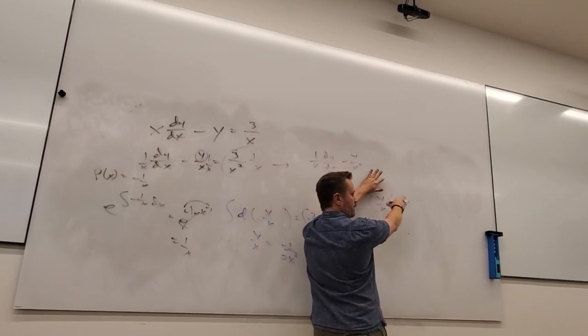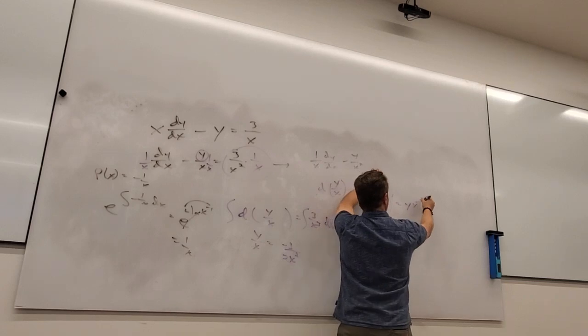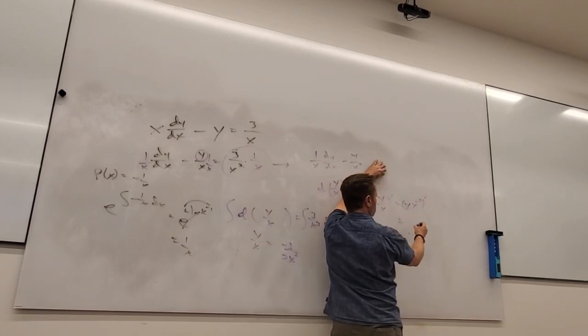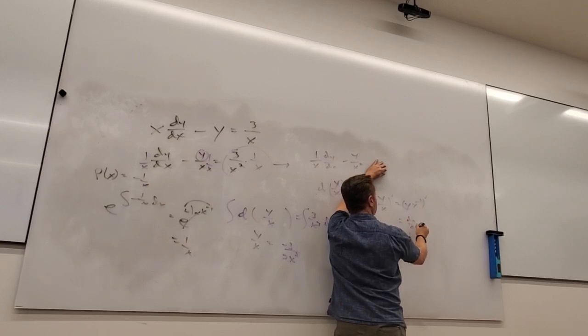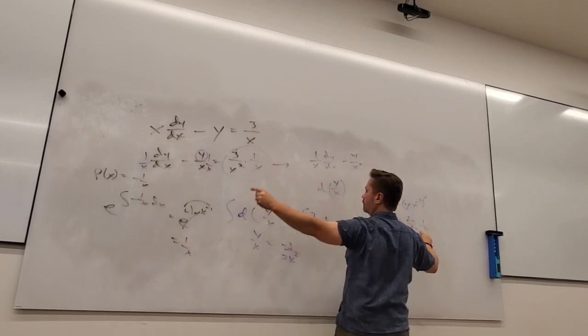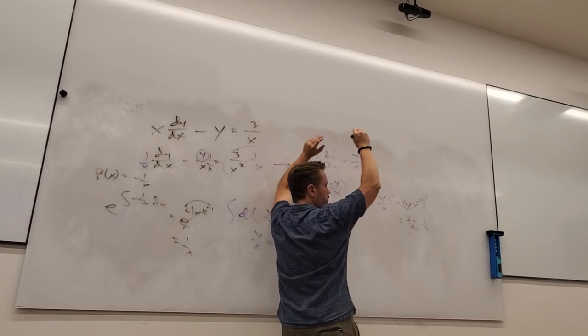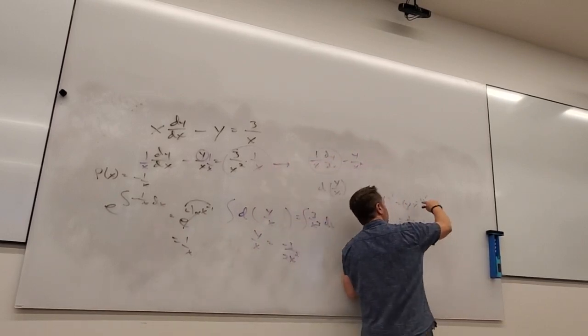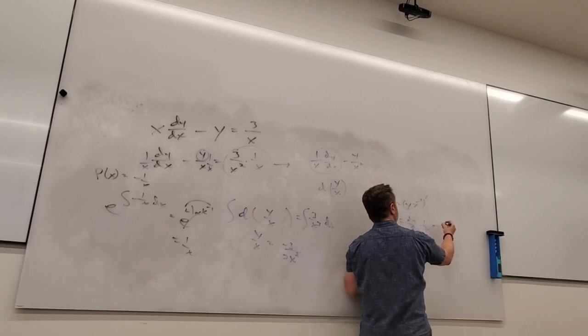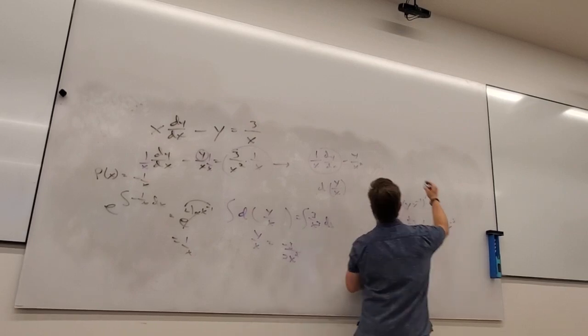It's a product rule, right? So it'll be dy dx times 1 over x, plus negative 1, so that's minus y x to the negative 2.